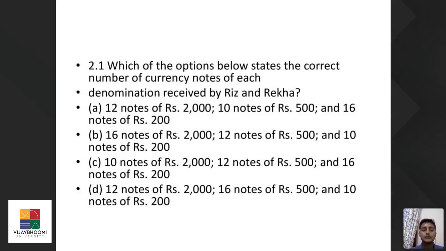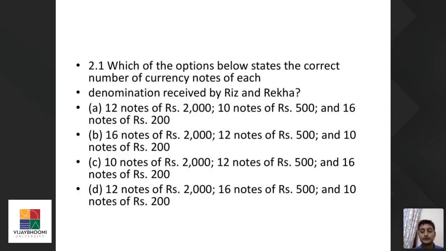Okay, so the approach the sample paper shows is that they calculate each and every option, and then they try to figure out which one is the answer out of the given calculations. But there's a specific order to calculation. You don't have to start calculating each and every option from the starting. Simply when you see it's 35,000, meaning the more notes you have of the highest denomination, the more is the chance that that will be the right answer.